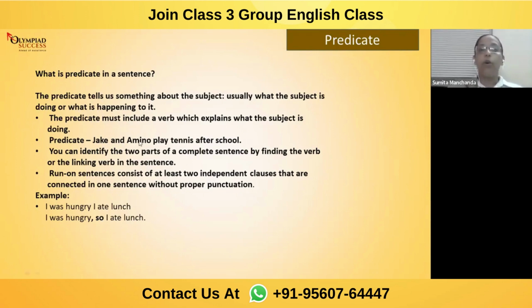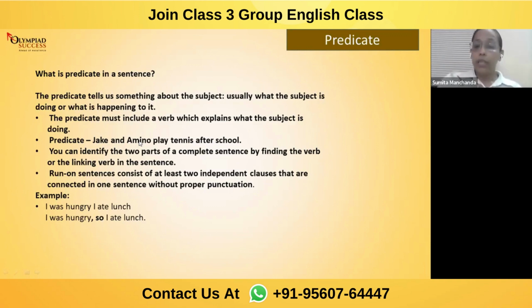Jake and Amino play tennis after school. Now, Jake and Amino is the subject. I'm talking about these 2 children over here. But play tennis after school tells us something about Jake and Amino. So, play tennis after school is the predicate.